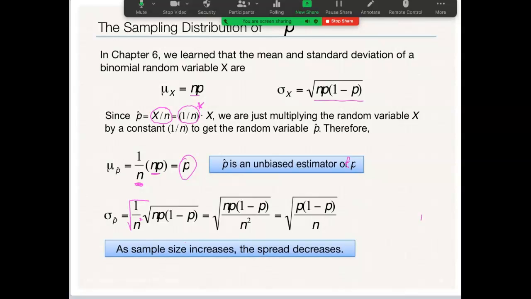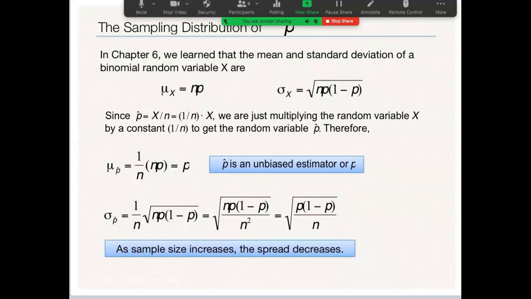Simplifying, we end up with this formula: sigma p hat equals the square root of p times 1 minus p over n. That makes sense that we would be dividing by our sample size, because as you increase the sample size, you're dividing by a larger number, which will make that fraction smaller. Thus, our spread gets smaller as our sample size goes up.